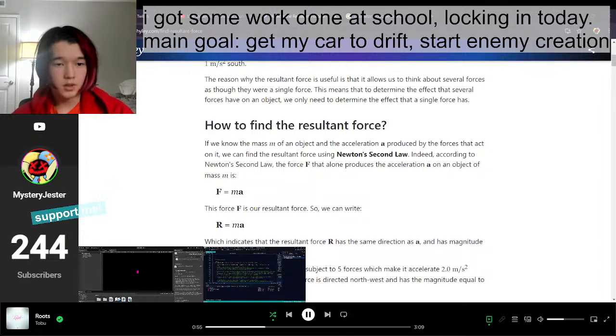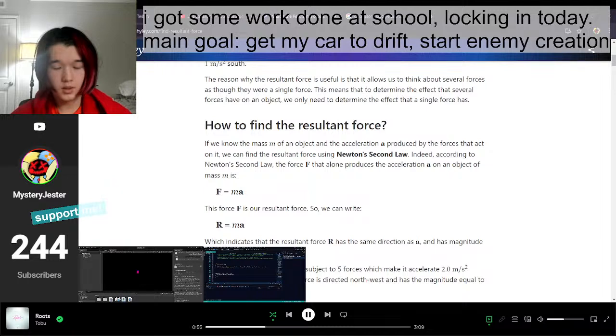Or we'll just say calculate resultant force and set variables. Alright, now we have a function for it. We can shorten this a bit. Calc result force and set variables.